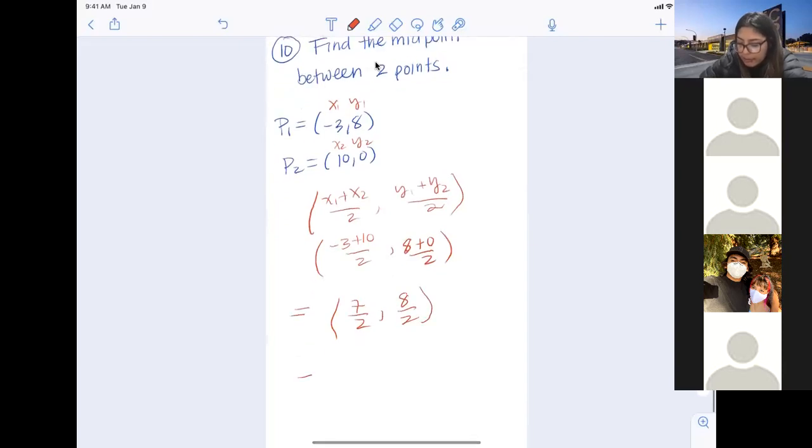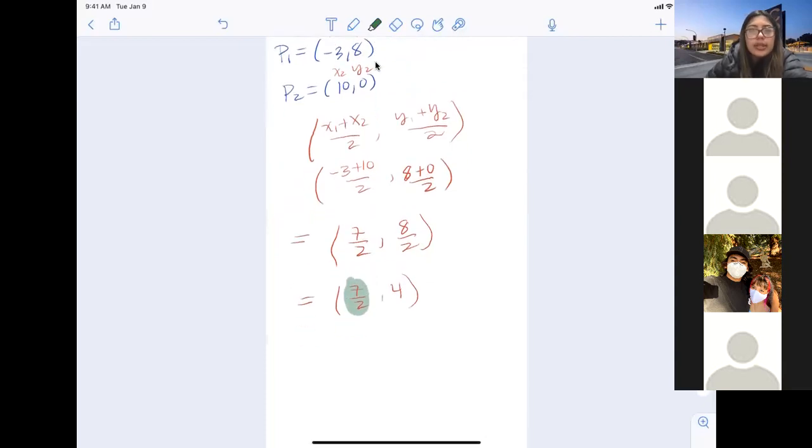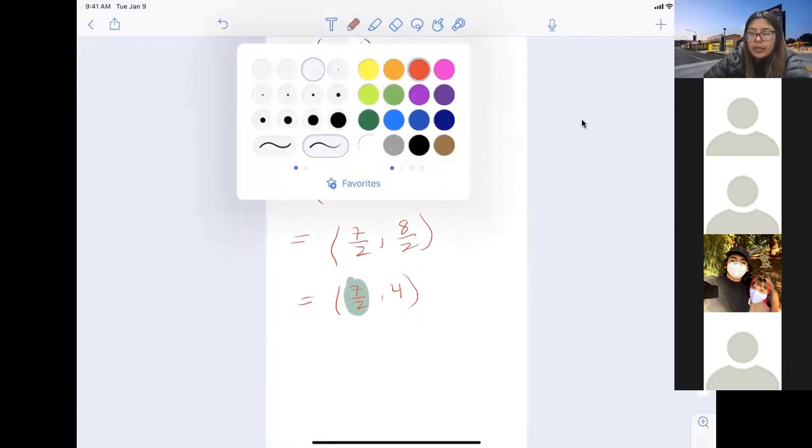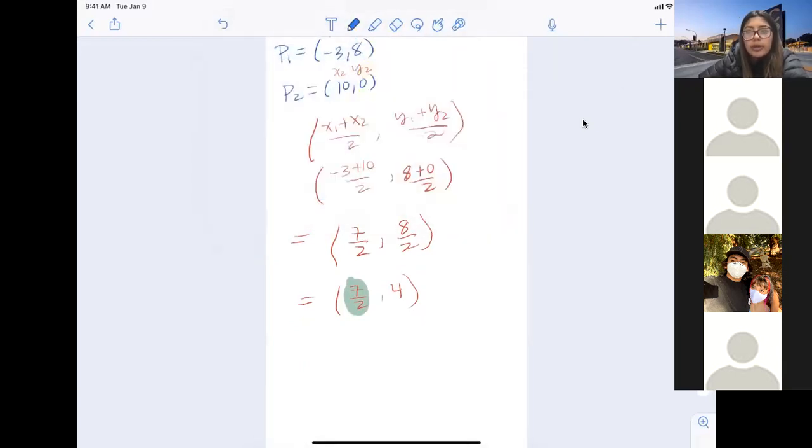But if you simplify that further, you get 7 over 2, comma, 4. And you'll leave it as a fraction. That first one is 7/2, comma, 4. You don't change this to decimal. You don't change this to 3.5. If you do, it's going to mark it wrong. Okay, that's why it's important not to be using a calculator when you're doing easy problems like this.